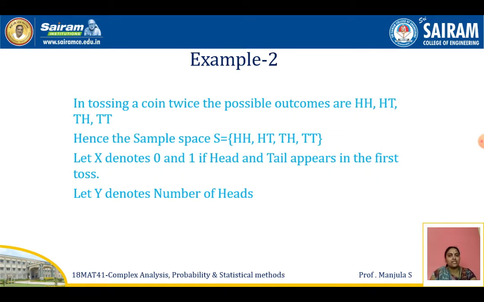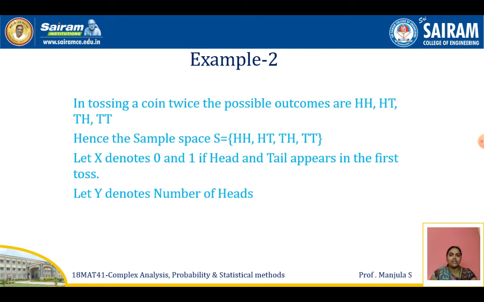Similarly, we'll explain this one by taking one more example. In tossing a coin twice, the possible outcomes are both times we get head, or head tail, or tail head, or both times we get tail. Hence, the sample space S can be written as HH, HT, TH and then TT.